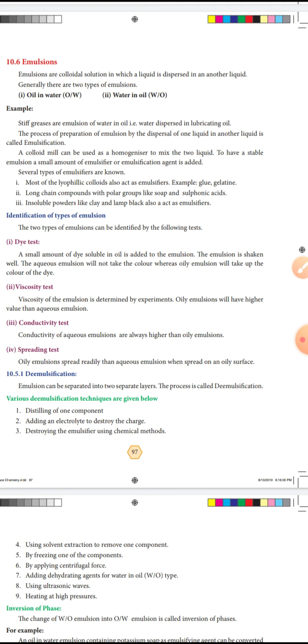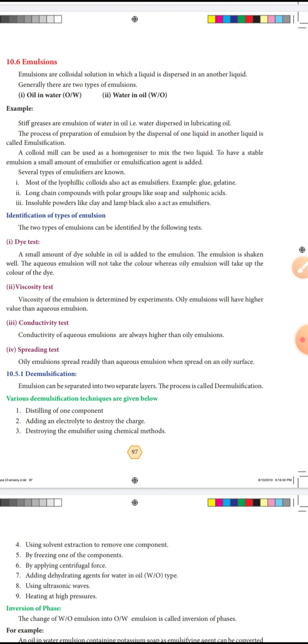The first type is oil in water, O/W, where O is oil and W is water. The second type is water in oil, W/O. For example, grease is an emulsion of water in oil: water dispersed in lubricating oil.